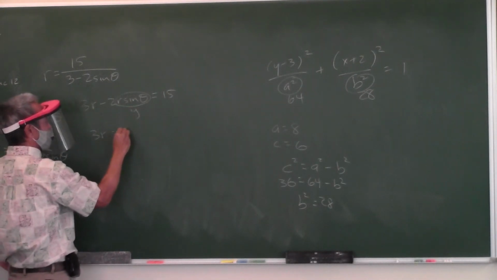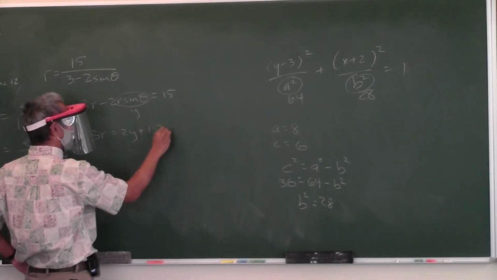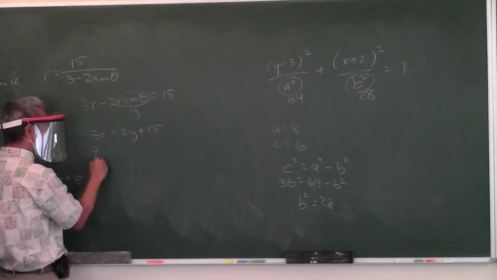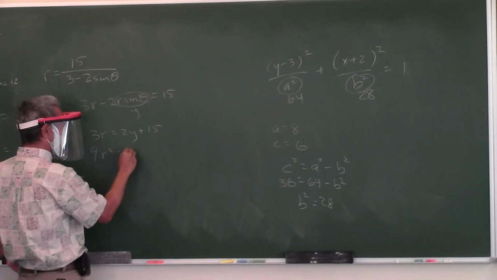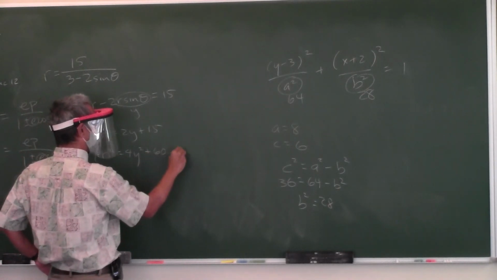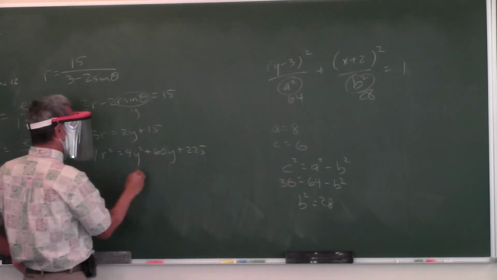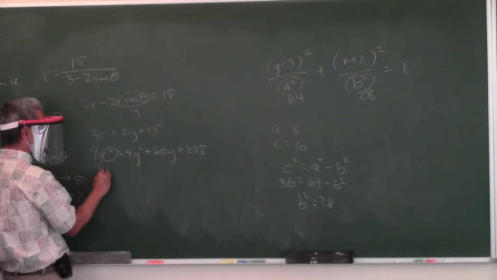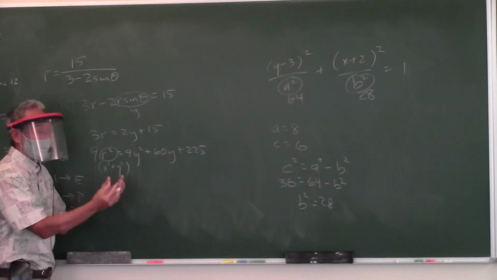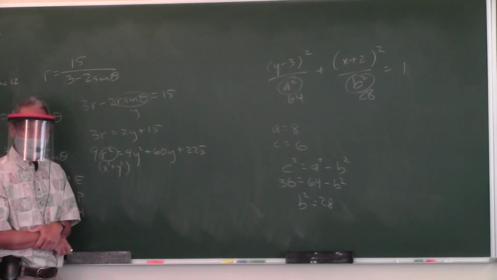Isolate the r, so you get 2y plus 15. Square both sides. 9r squared is equal to 4y squared plus 60y plus 225. And what is r squared equal to? x squared plus y squared. There you go. And then now complete the square, and then you can figure out the foci, right?